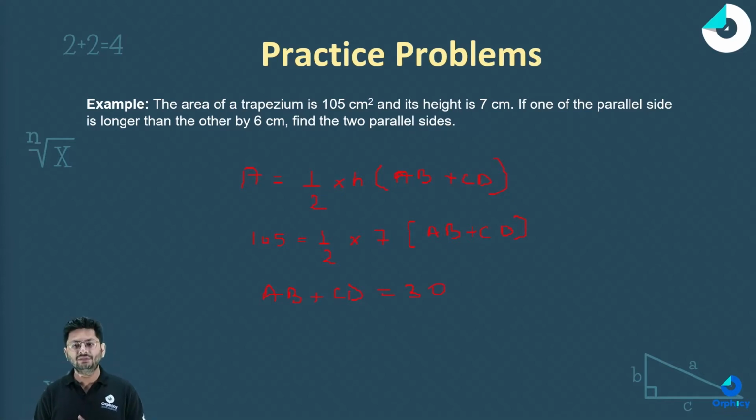Okay. Now, if one of the parallel sides is longer than the other one by 6 centimeters, meaning let's say AB is 6 centimeters more than CD, then I can say AB minus CD is equal to 6. Now let's add these two equations. We add left hand side with left hand side, and right hand side with right hand side. So CD and CD will cancel out, meaning 2AB is equal to 36, and AB would be equal to 18. And if I look from here, if AB is 13, what will CD be? 30 minus 13, which is equal to 17 centimeters.